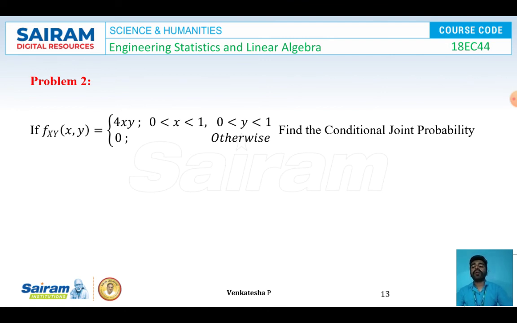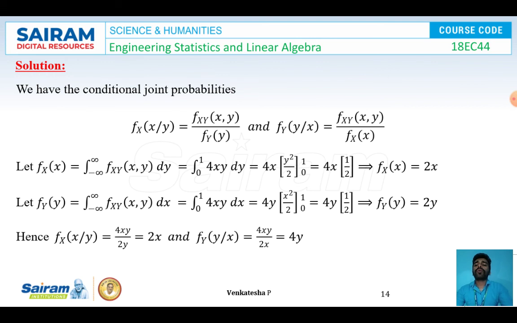Problem number 2. If f_XY(x,y) is equal to 4xy for 0 less than x less than 1, for 0 less than y less than 1, and it is 0 otherwise, find the conditional joint probability. We have the formula for conditional joint probability as f_X(x|y) is equal to f_XY(x,y) divided by f_Y(y), and f_Y(y|x) is equal to f_XY(x,y) divided by f_X(x).